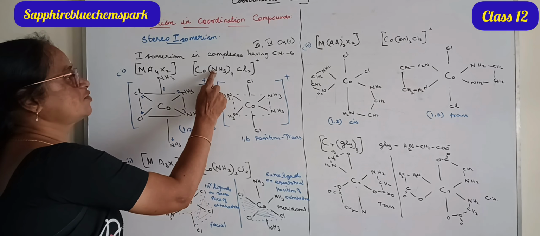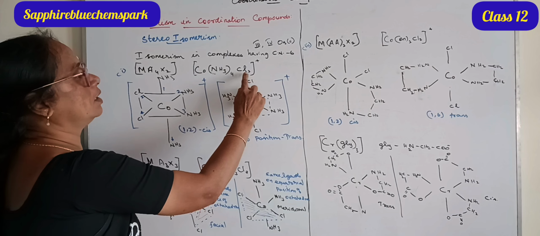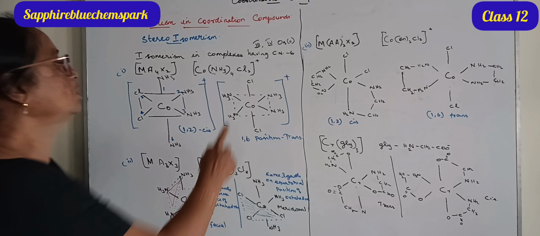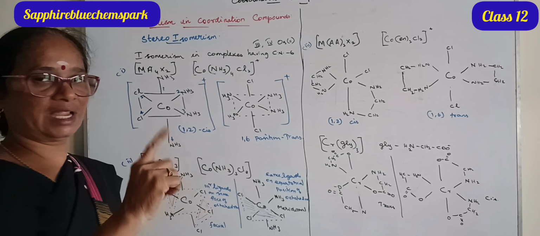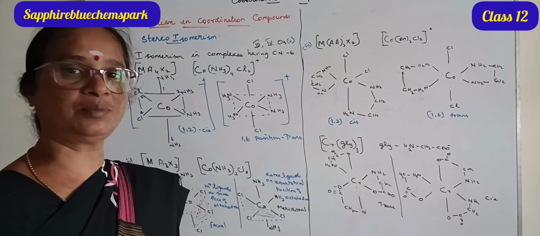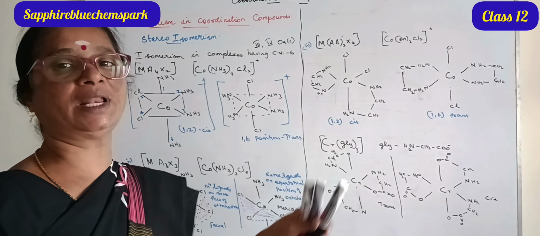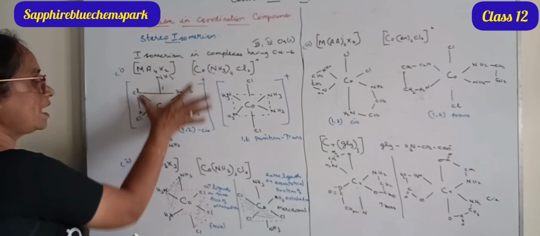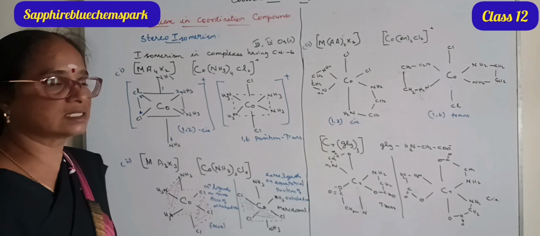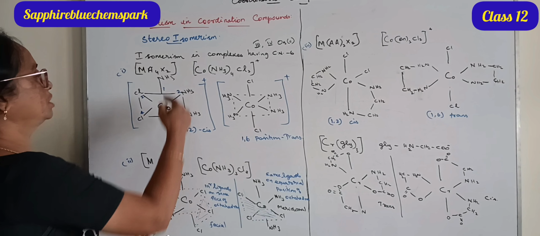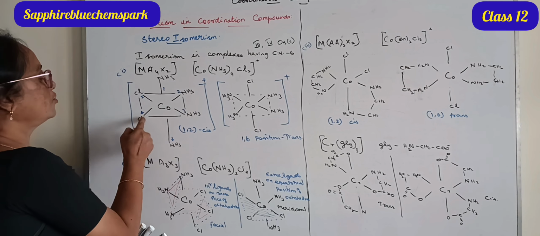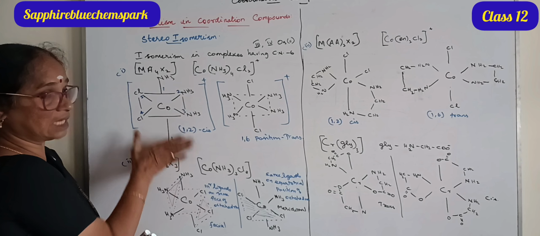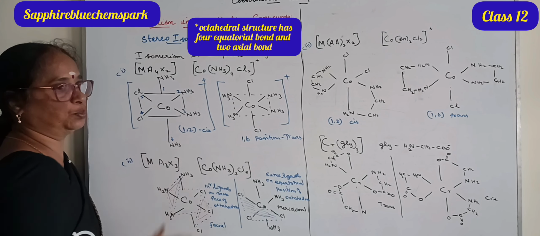In this case, four of them are ammonia molecules and two of them are chloride ions. With respect to the position of the chloride ions, we can classify whether the isomerism is the cis form or trans form of geometric isomerism. When I write the octahedral structure, we can number the positions 1, 2, 3, 4, 5, and exactly opposite, down the plane, is the 6th position.